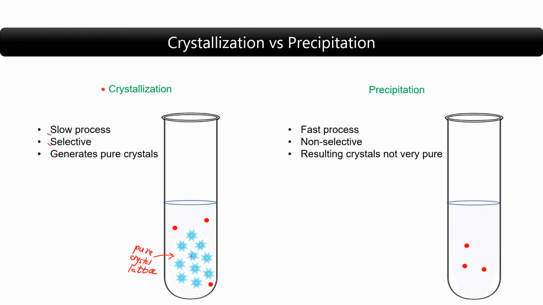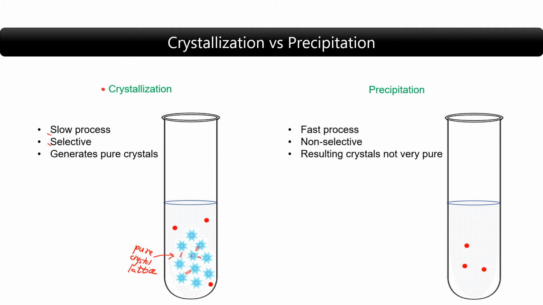Since this process is slow and selective, there is time for these crystal molecules to select their own kind out of the solution and form the best possible intermolecular interactions, leaving out the impurities in the solution.